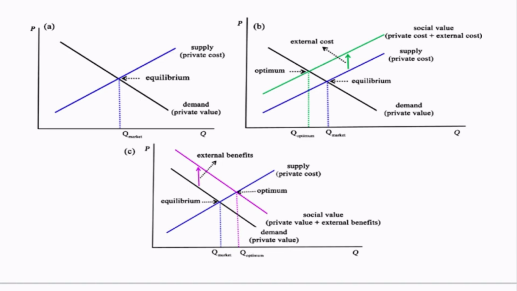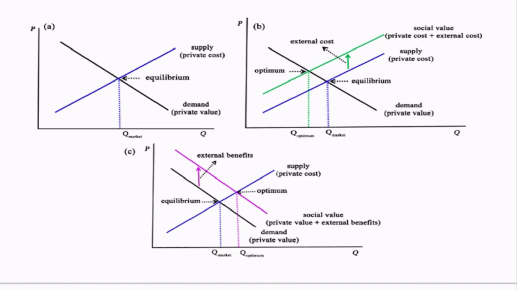Now, how has this quantity of 50 been discovered? It has been discovered at an equilibrium point, which is the intersection of, as you see in the graph, the supply curve based on the private cost and the demand curve based on the private benefit. That gives us the Q market. Now that Q market of 50 vaccines is actually not benefiting the society a lot.